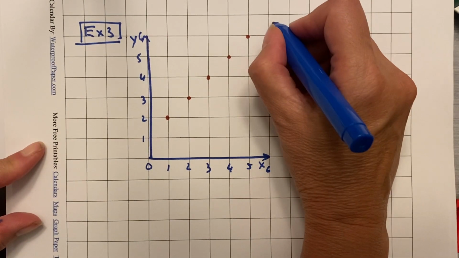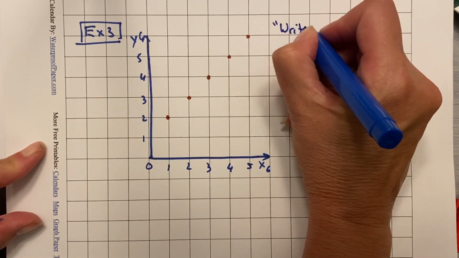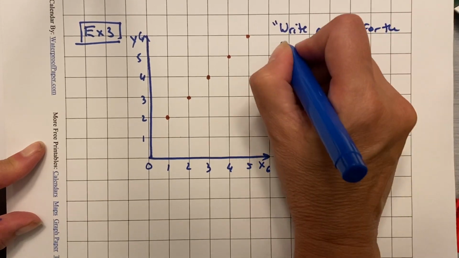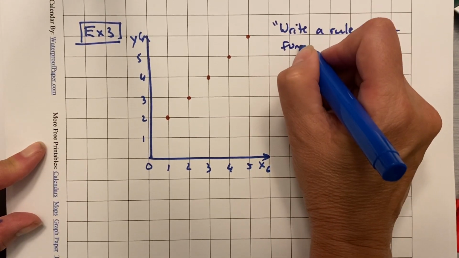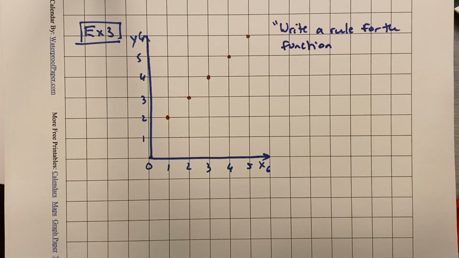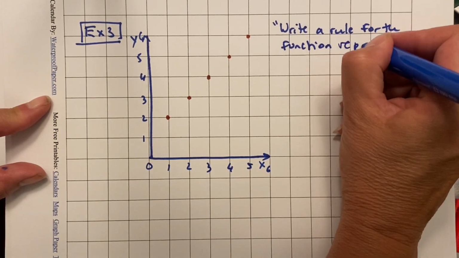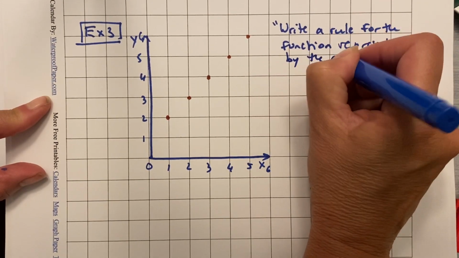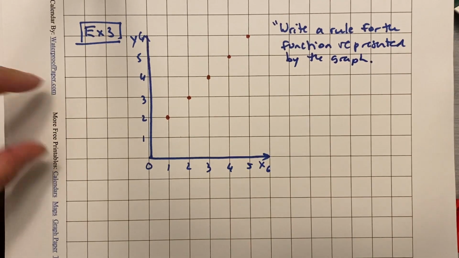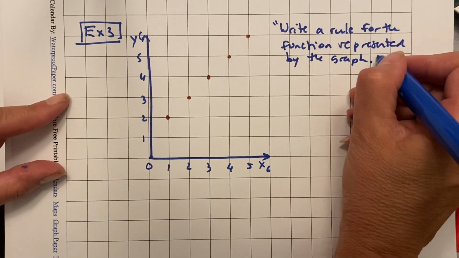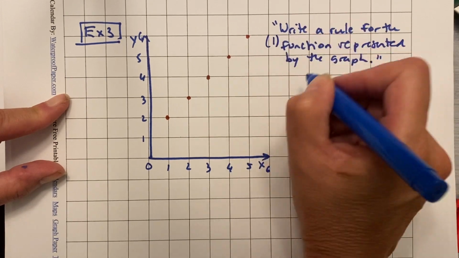function. So my instructions are write a rule for the function represented by the graph. And then identify domain and range. So I'm asked to do two things.